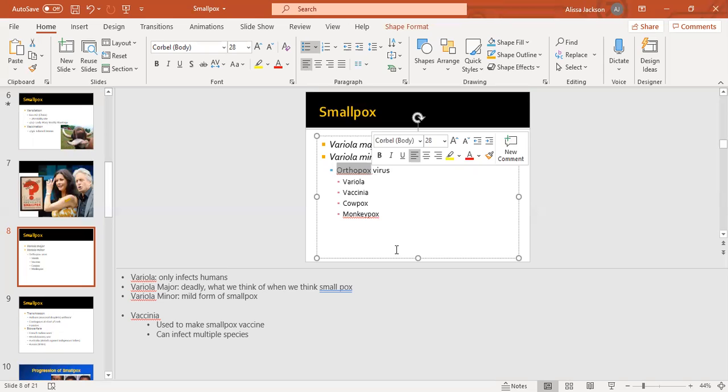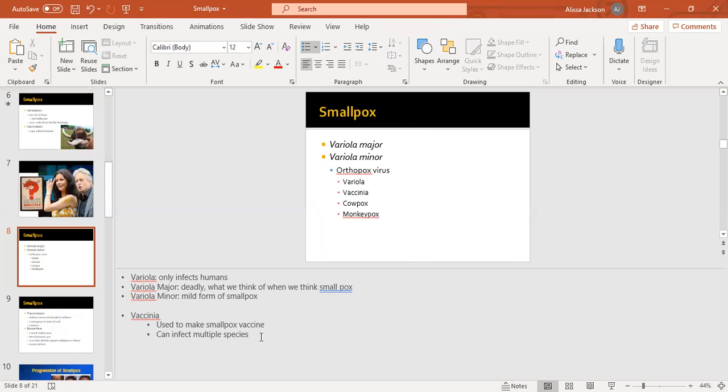Vertebrates, including mammals and humans, serve as hosts. Oh, okay. So I guess variola is the only one that infects humans. Cowpox affects cows, monkeypox affects monkeys, and vaccinia is used to make the vaccine and can infect multiple species of mammals and natural hosts. But variola is the only one that infects humans. So orthopox encompasses all of the genuses. Okay. Yeah.